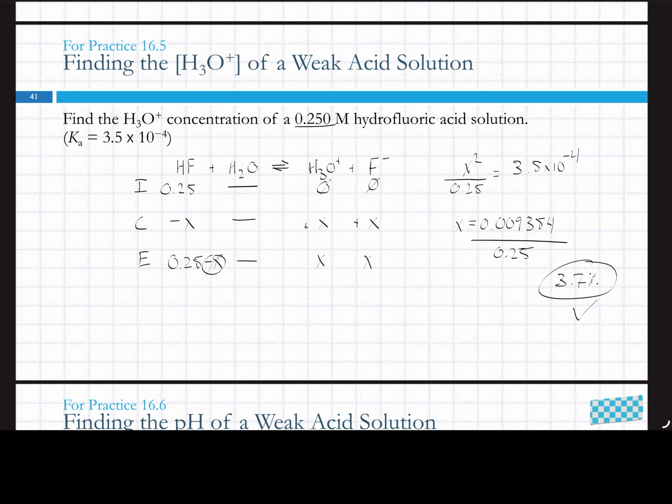Which means that my H3O plus concentration is just what I calculated for x, because this is x, this will be x. And really, it's 2 sig figs because K is 2 sig figs.